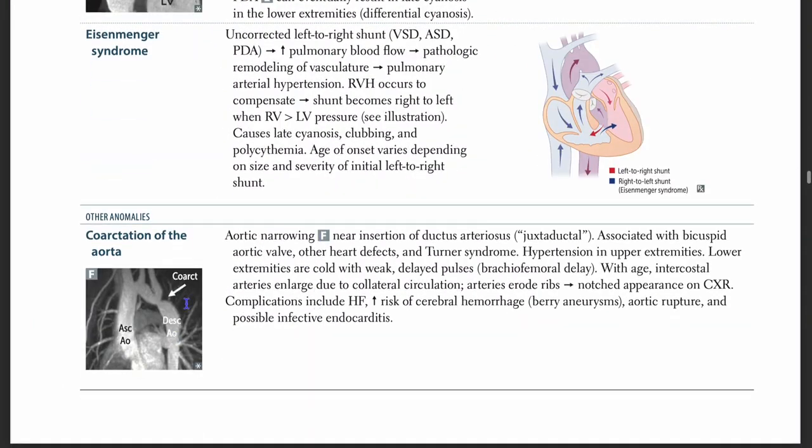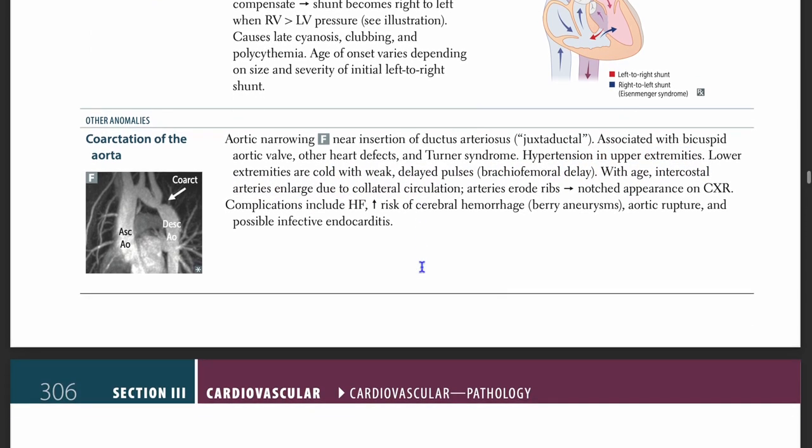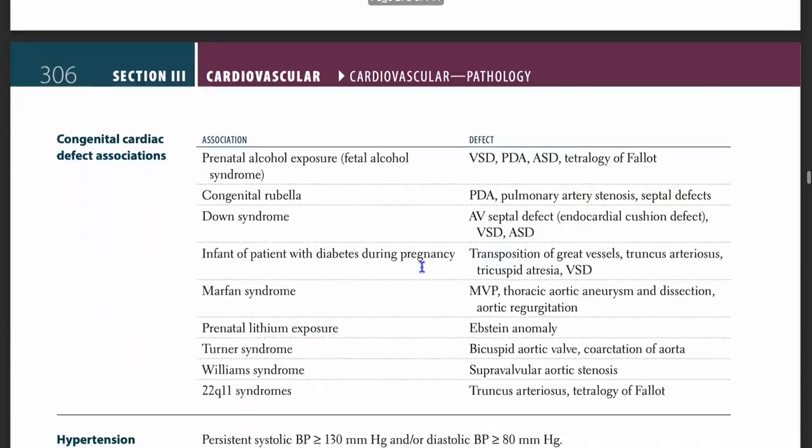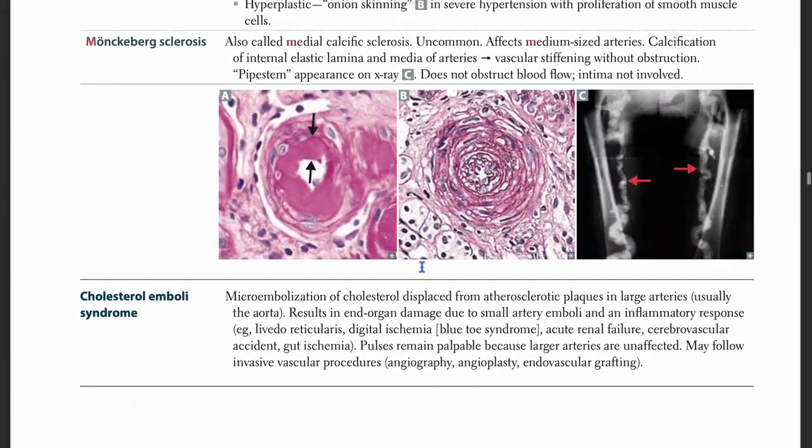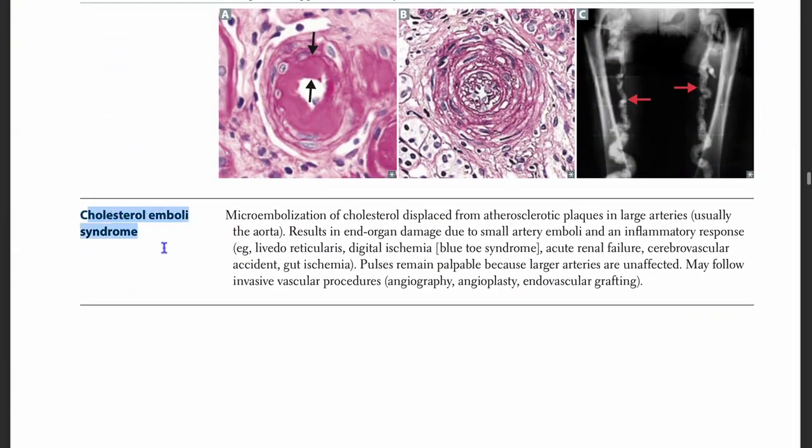It's gonna be this, right? Because remember, hypertension, lower extremities are cold and weak, and with delayed pulses, so it can have that cyanosis there. Okay, so first you're gonna think of thrombus, but in the questions then they'll tell you that they didn't find any sign of thrombus or anything. Then the next thing you go to is this.